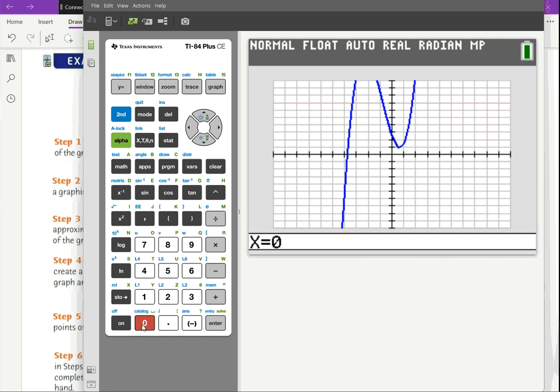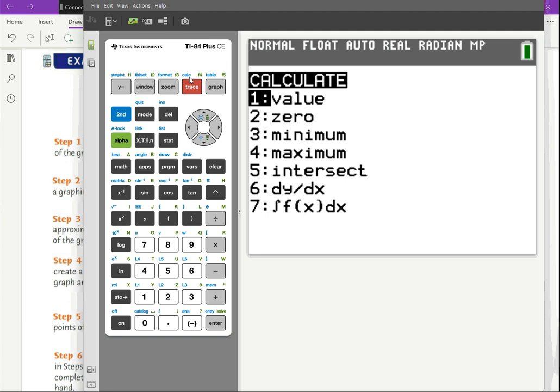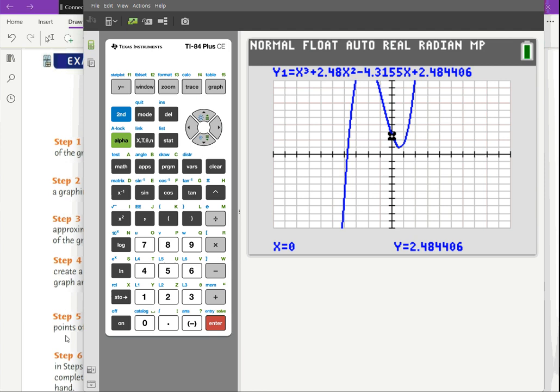Well, my x value is 0. That would give me the y-intercept. So the y-intercept is 2.48. How did we get that? We went to the second and then the calculations again, and we can get any value we want for our x's, and it gives us our y value back. So we typed in 0, and we figured out 2.48.